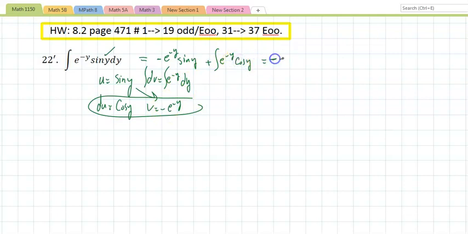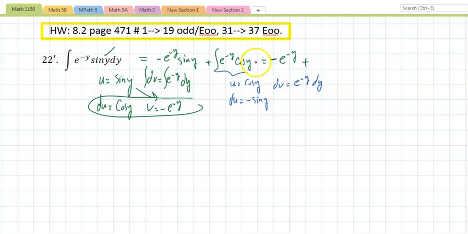Now, negative e to the negative y is not a problem, but this integral right here, I'm going to do integration by parts on it again. And the reason for that, if you integrate sine twice, you get it back. If you integrate cosine twice, you get it back. If you take a derivative of sine twice, you get it back. And if you take integration of sine twice, you get it back. So either way.